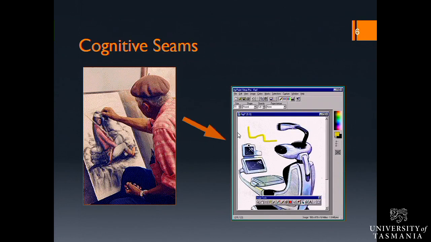But from the interface point of view, this is really much a cognitive seam. There's one problem here: the arrows that go between them are not as easy as they sound. So you might say, oh, the artist here has a skill of over 30 years of painting or drawing, and suddenly you introduce new tools and expect him to sit on this chair and perform the same thing.